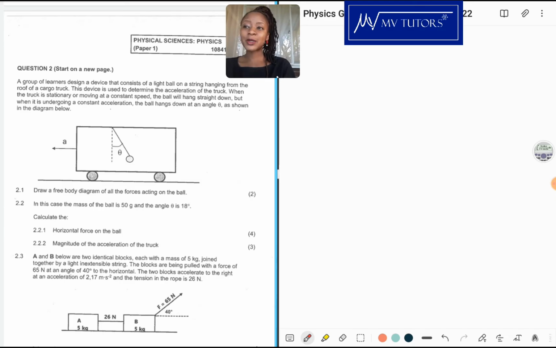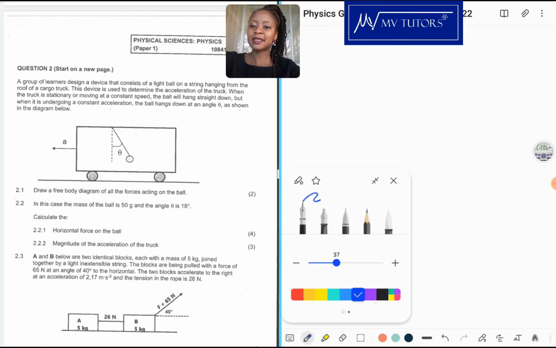But when it is undergoing a constant acceleration, the ball hangs down at an angle theta, as shown in the diagram below. Okay, that makes sense. If a vehicle is moving very fast, maybe in that direction, the ball would be at an angle. Now firstly, draw a free body diagram of all the forces acting on the ball. Okay, let us get to it.